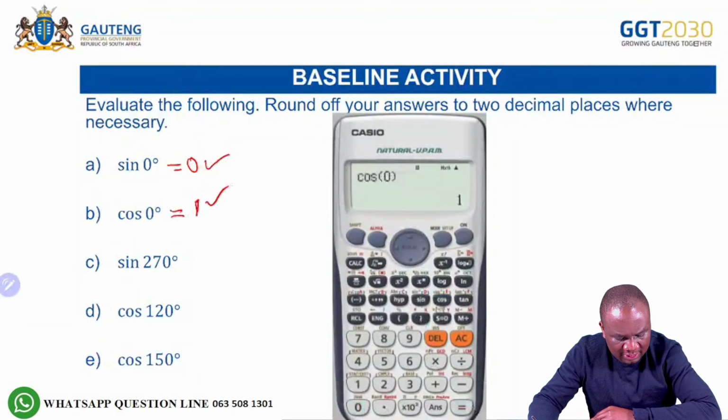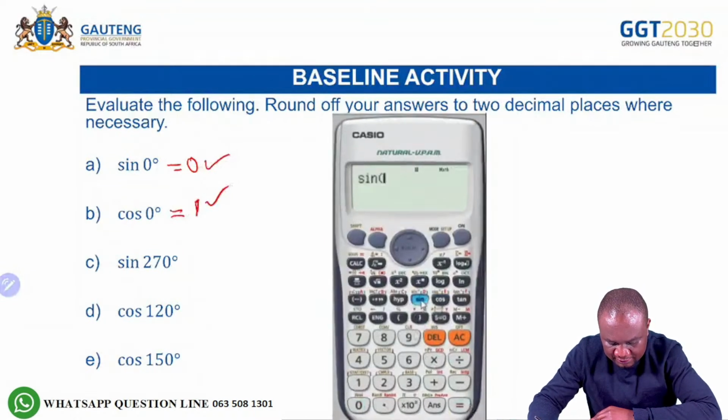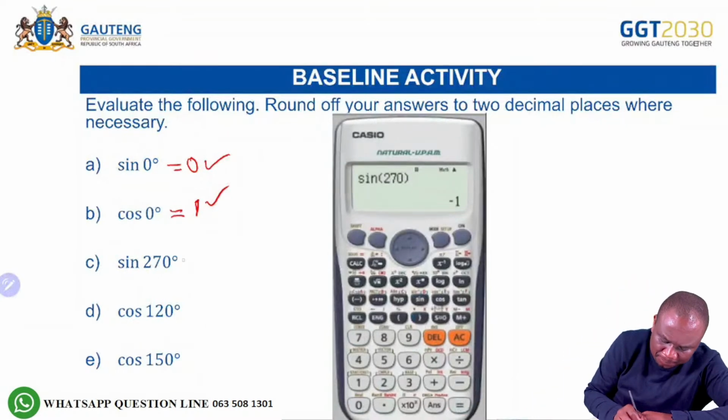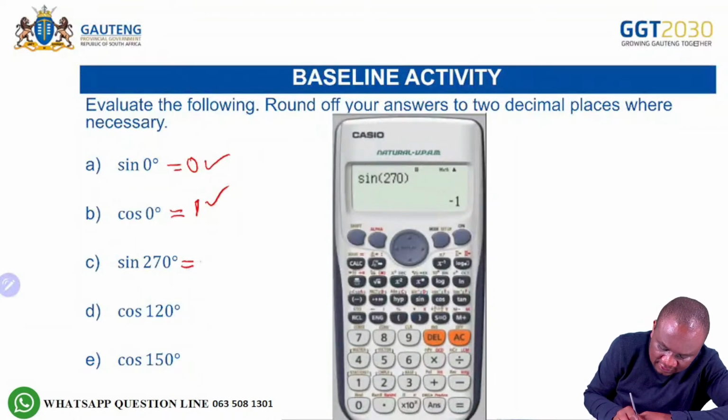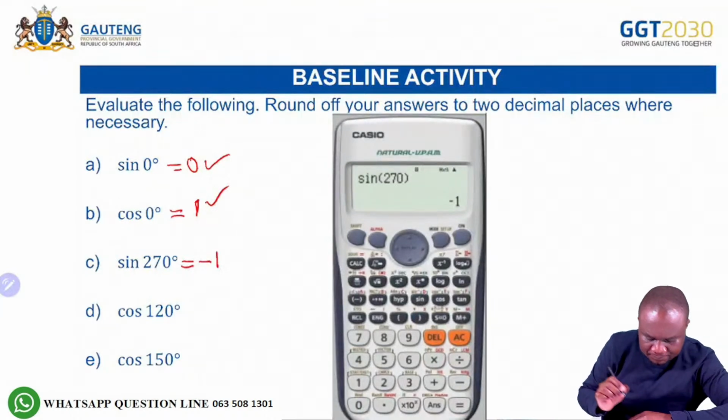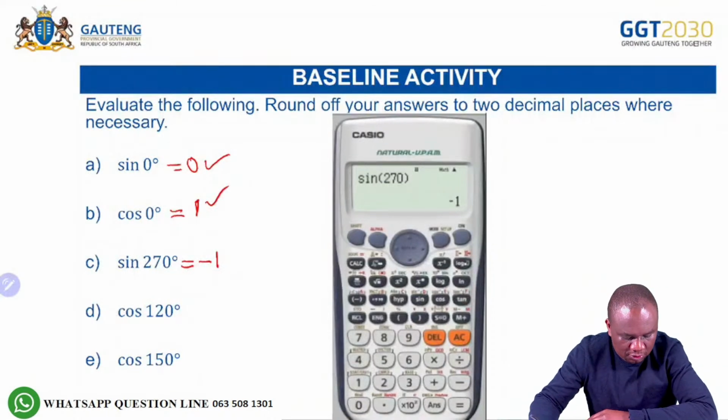Right, sine 270, how do we do it? We go to sine 270, close bracket, equals, and the answer is -1. Sine 270 is -1. Okay, cos 120.